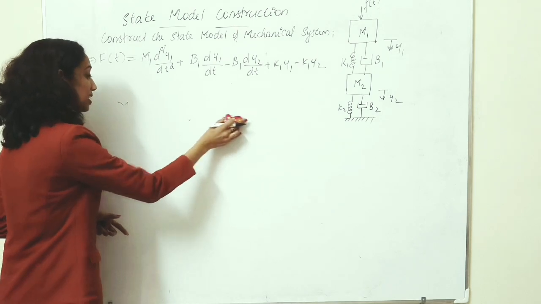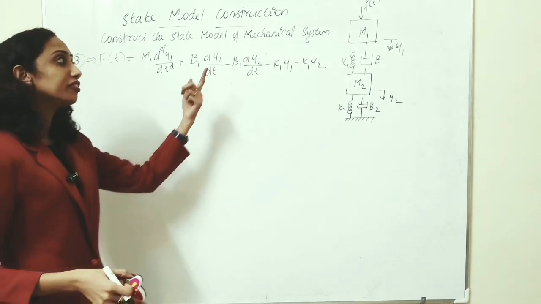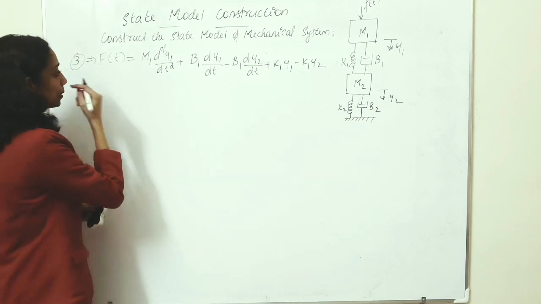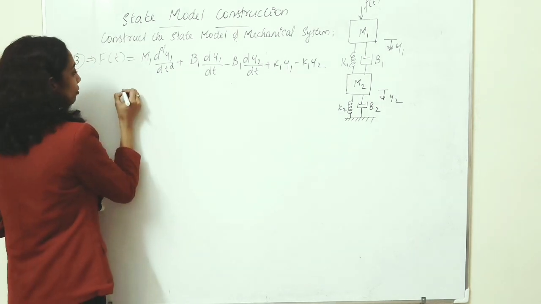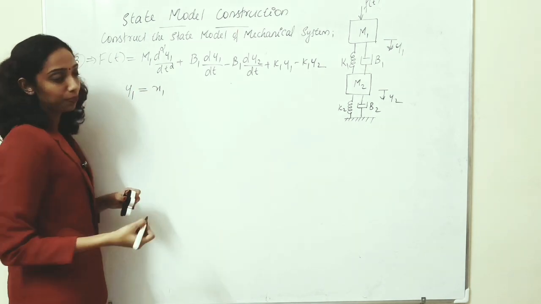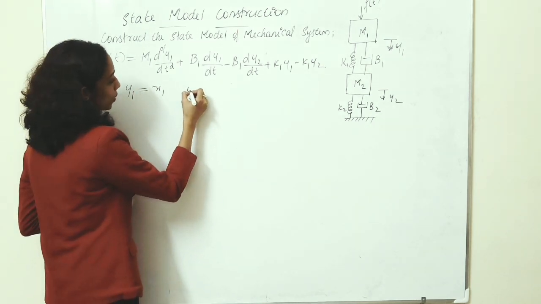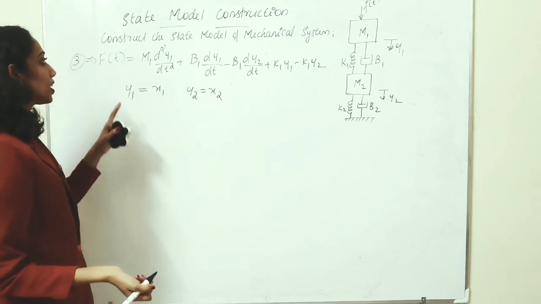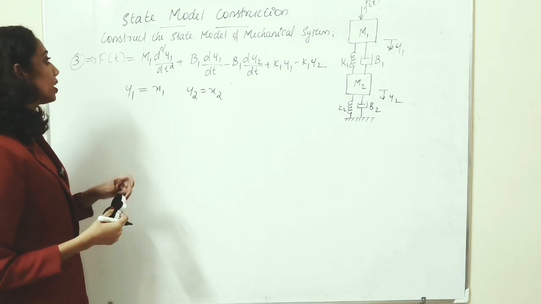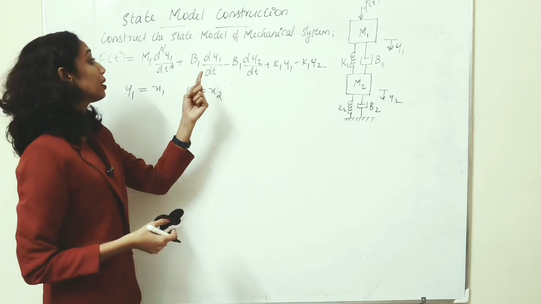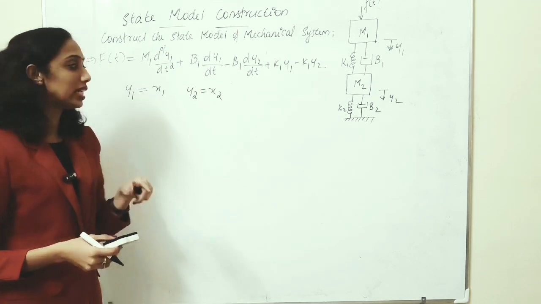So we are going to assign state variables for the physical variables given in this question. I assign the first state variable for y1 as x1 and the second state variable for y2 as x2. By checking equation number 3, we have d square y1 by dt square, dy1 by dt and dy2 by dt.